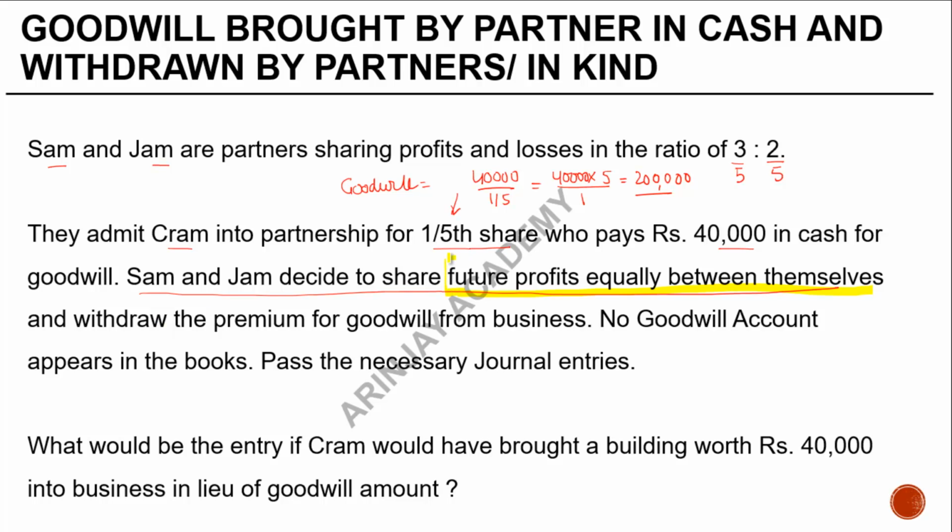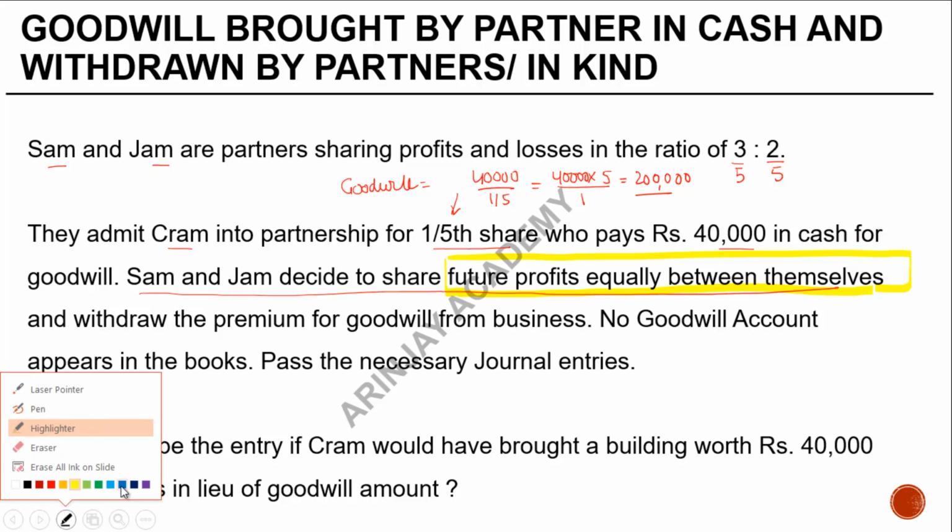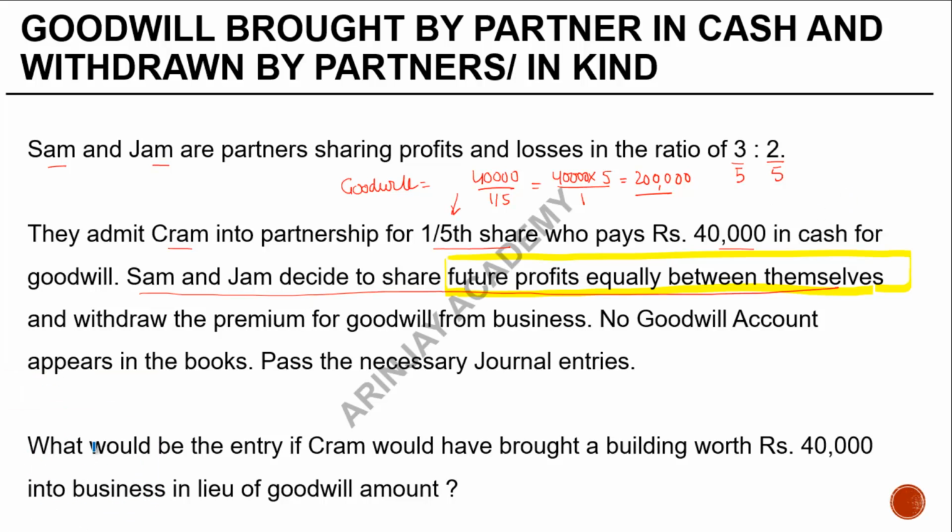What does this mean? Does this mean that their share is going to be 1/2 and 1/2, or does this mean that their share between themselves is going to be equal? It's the second one. What that means is now 1/5 has gone to Cram. How much is left?